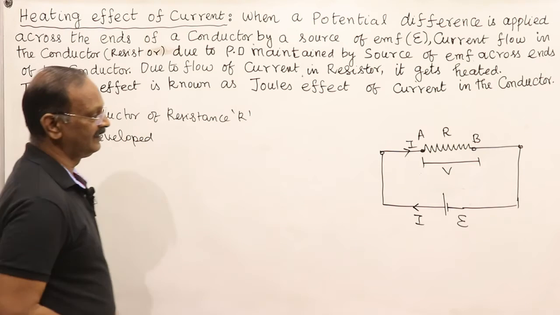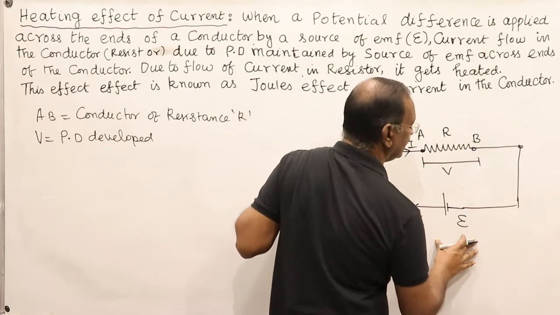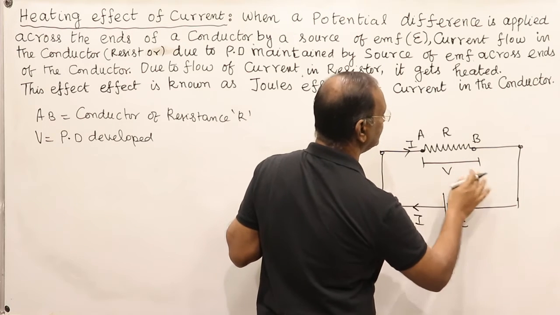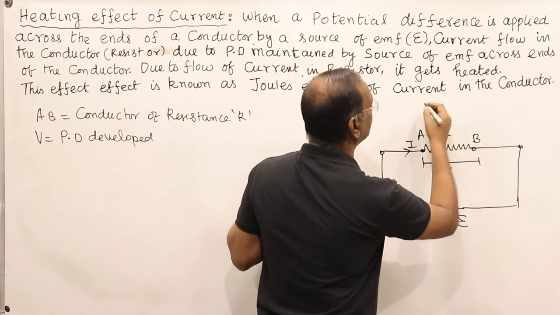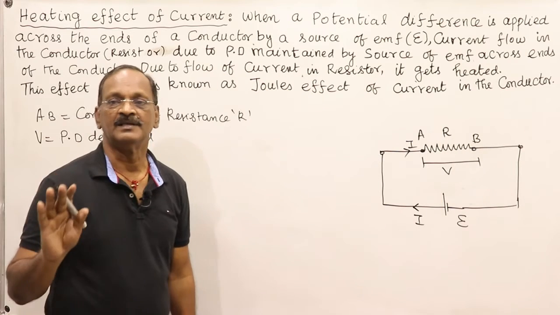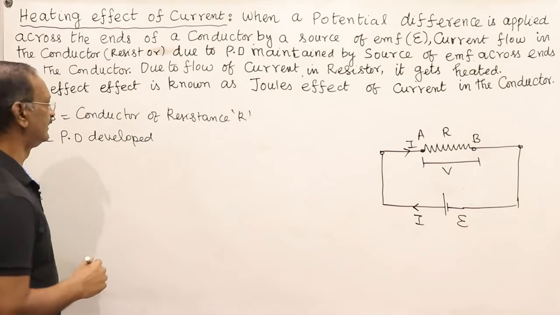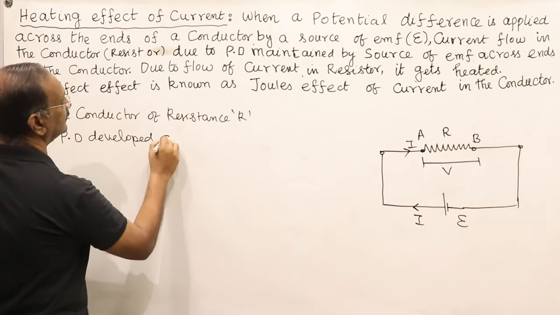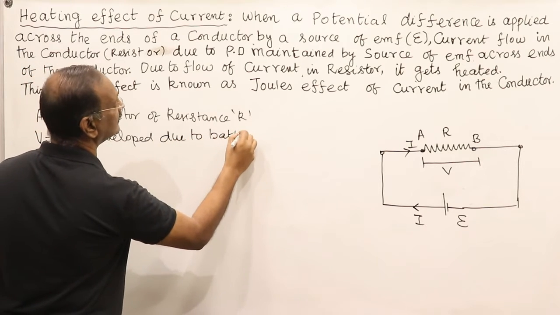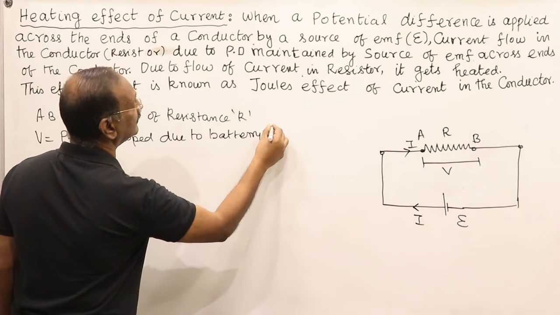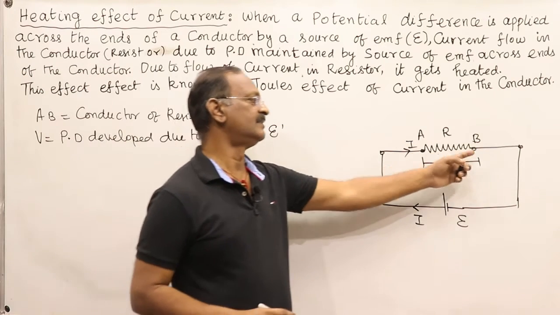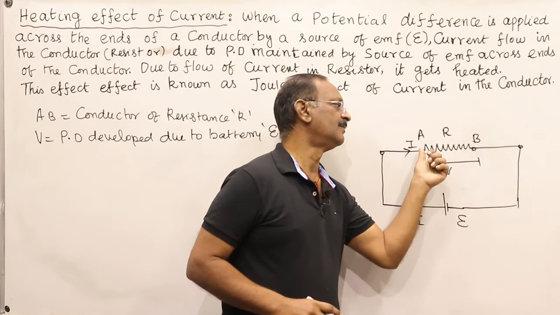When we apply the EMF source, it creates a potential difference between this side, positive, and this side, negative. A potential difference is created across the conductor. So the potential applied across the ends of the conductor is developed due to a battery of EMF E, and because the potential difference is created, current starts flowing from here to here.